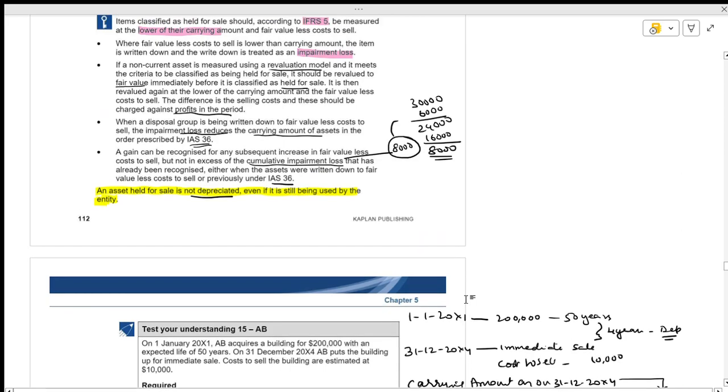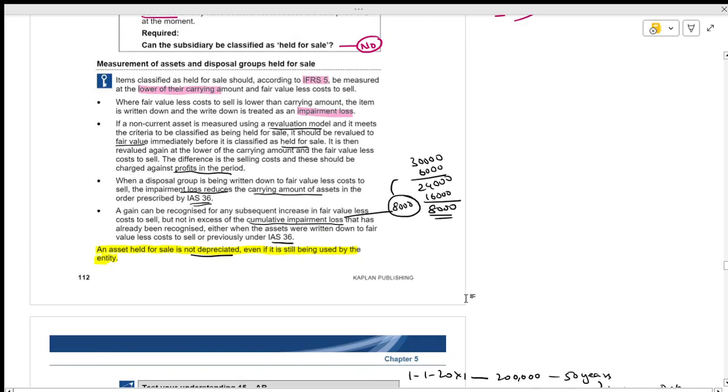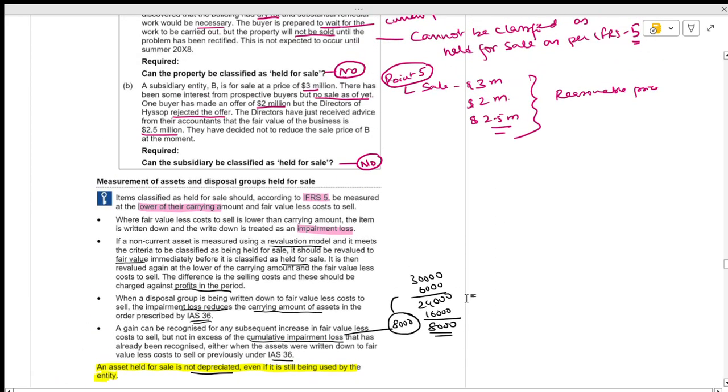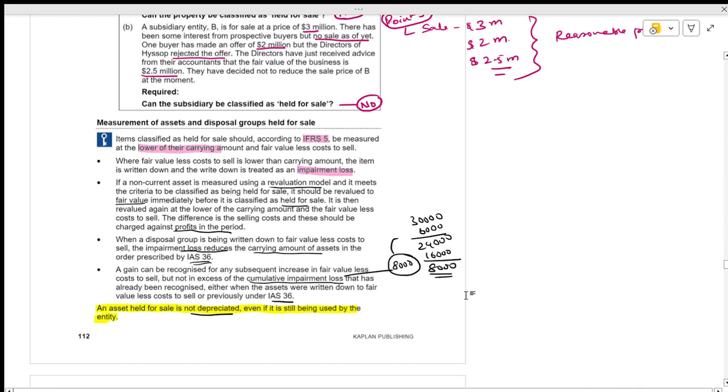What does the condition say? Items classified as held for sale should, according to IFRS 5, be measured at the lower of their carrying amount and fair value less cost to sell.